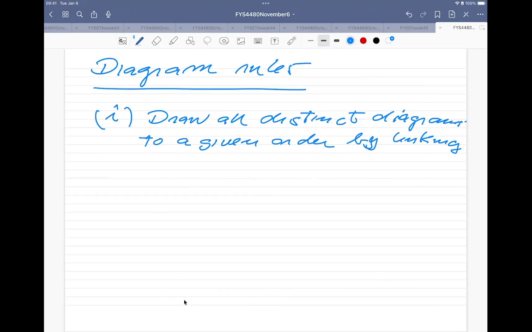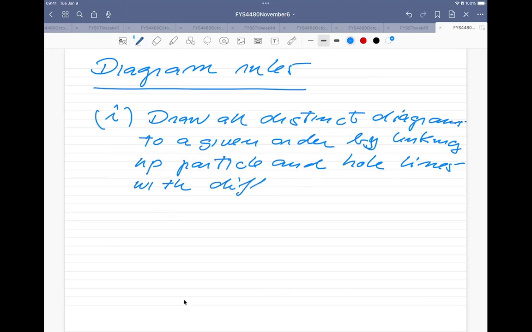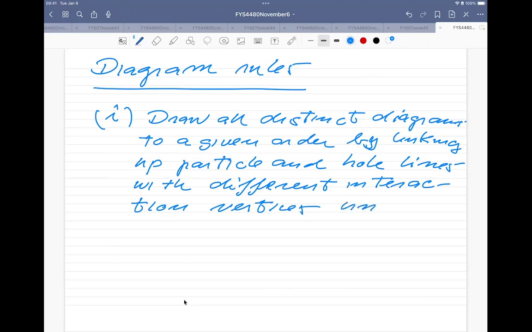By linking up particle and hole lines with different interaction vertices under the following restrictions.